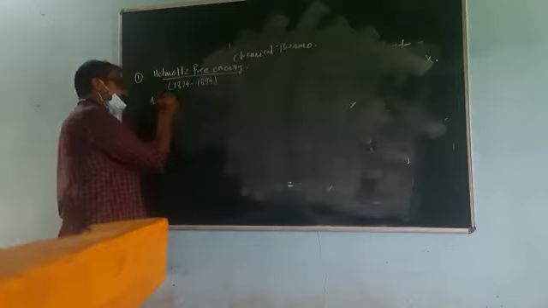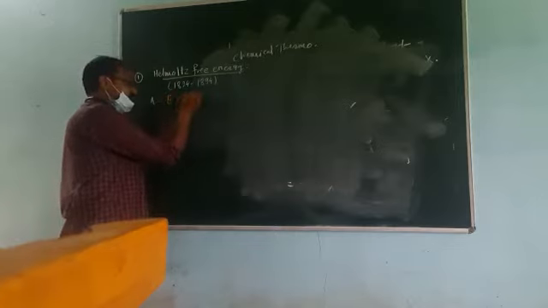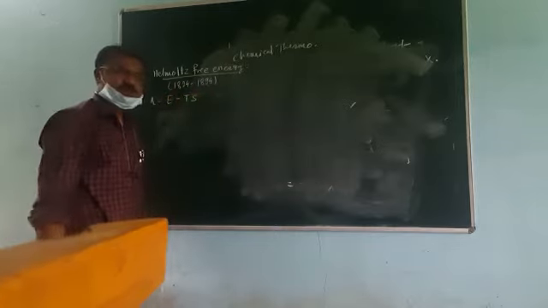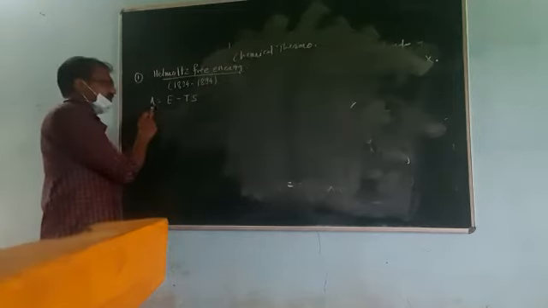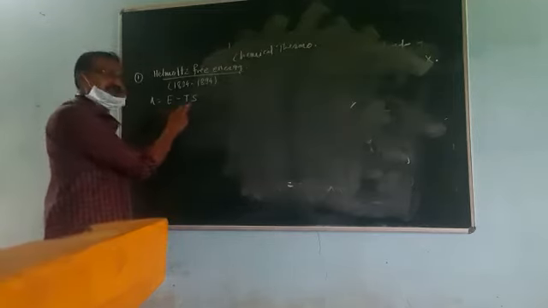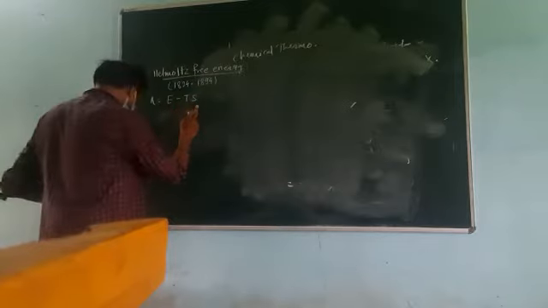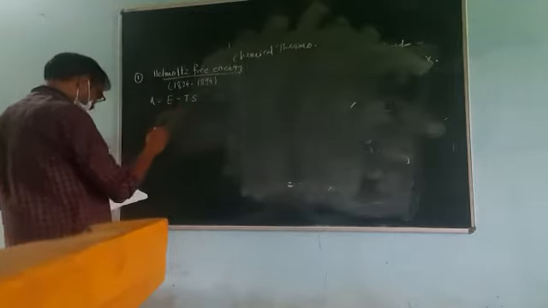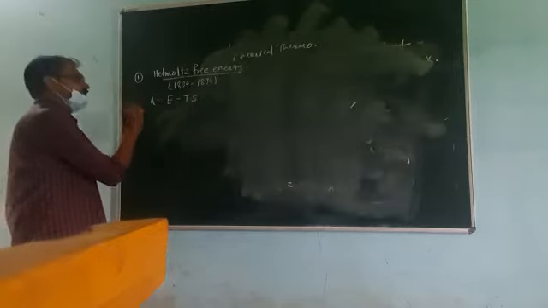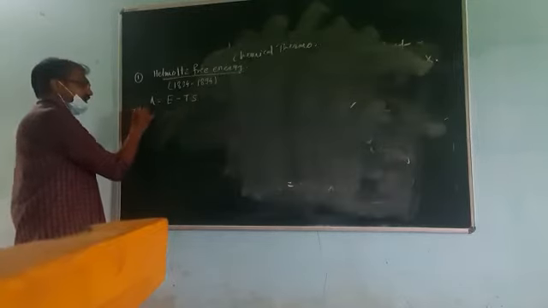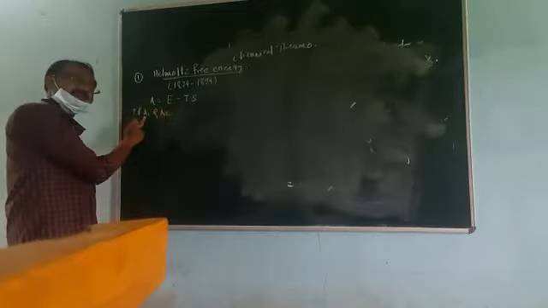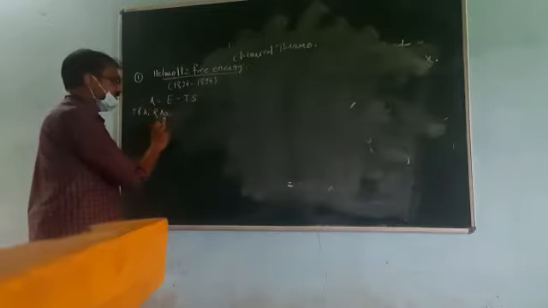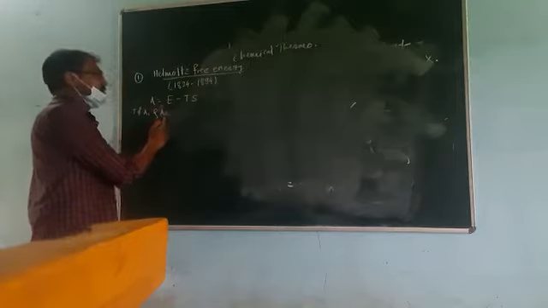A is equal to E minus TS. Here A is the work function, E is the energy, T is the temperature, S is the entropy. Suppose A1 and A2, where A1 is the initial state function and A2 is the final state function.